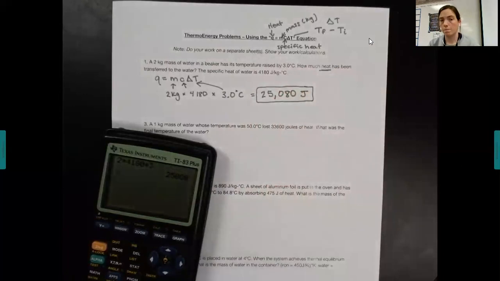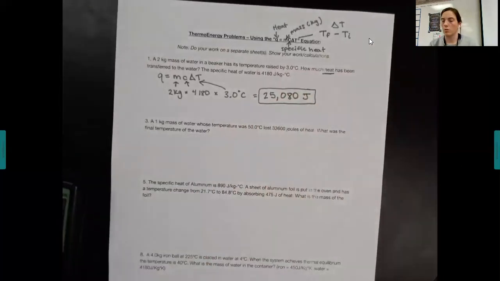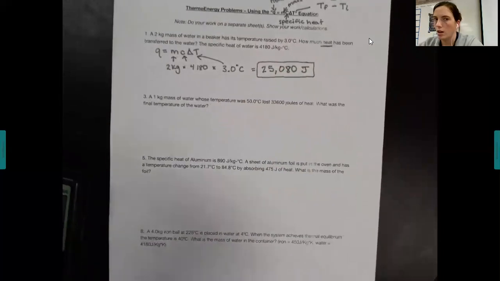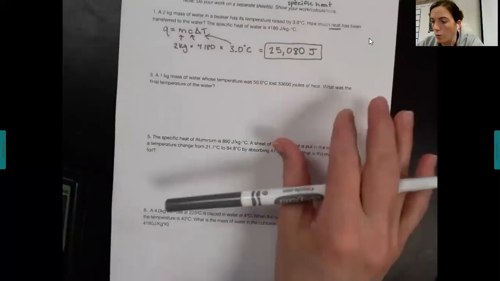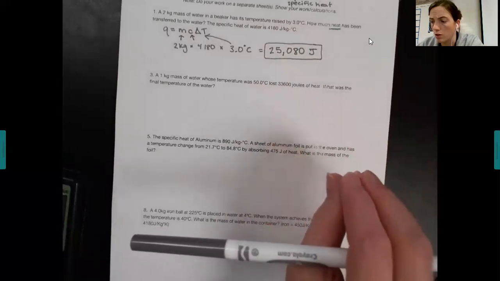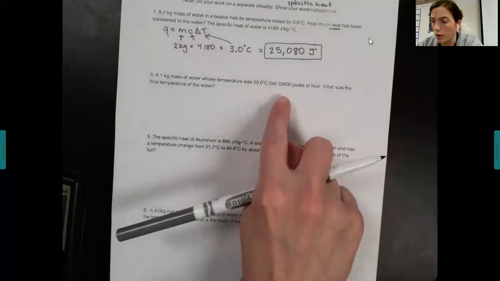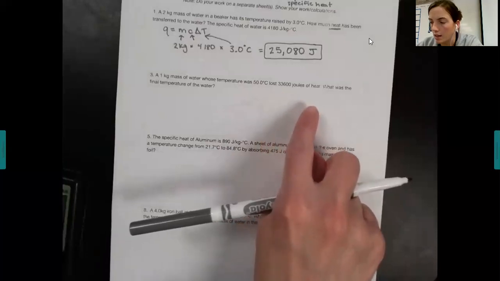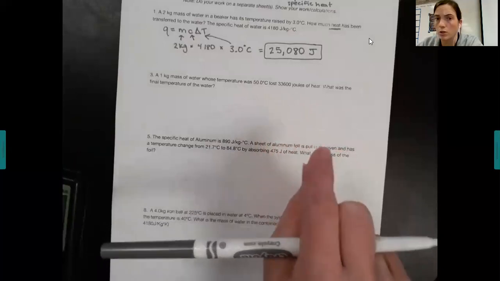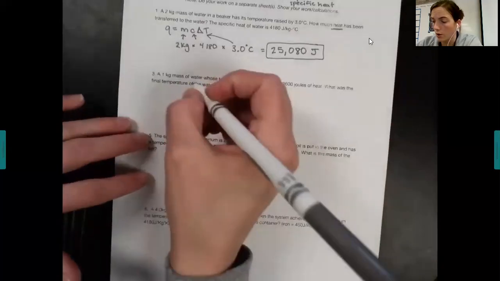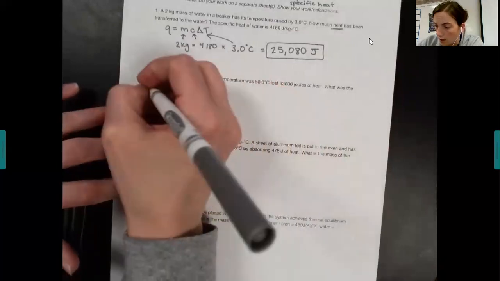Okay? So number 2 is very similar to that. You got that. Number 3, a 1 kilogram mass of water whose temperature was 50 degrees Celsius lost 33,600 joules of heat. What was the final temperature of the water? Okay, so let's see.